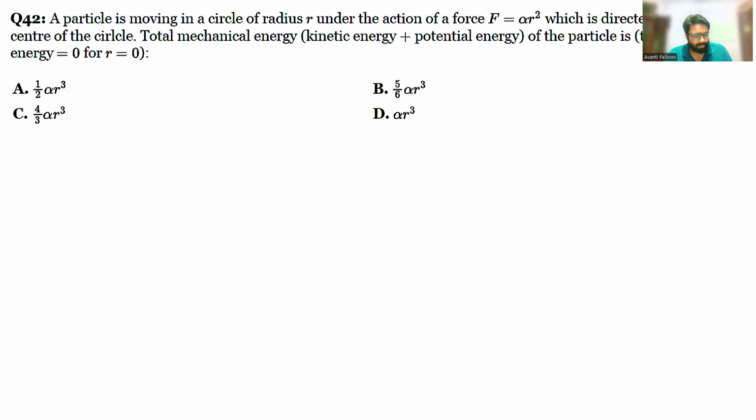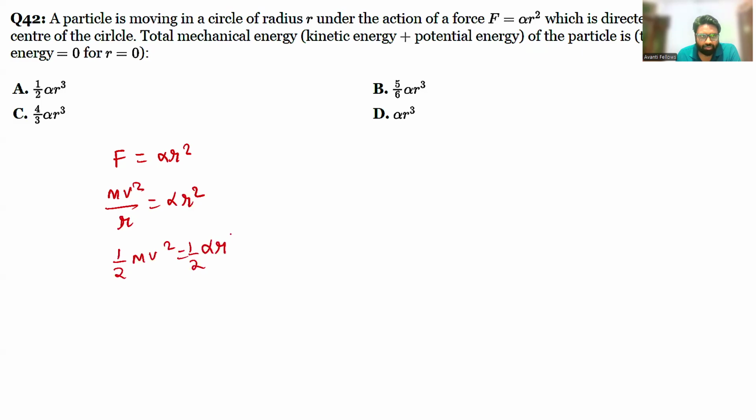Now this one: a particle is moving in a circle of radius r under the action of a force F equals alpha r squared, which is directed towards the center of the circle. Total mechanical energy, kinetic plus potential, of the particle is? So the same question that we have solved just a few questions before. F equals alpha r squared equals mv squared upon r, so mv squared equals alpha r cubed. 1 by 2 mv squared will become 1 by 2 alpha r cubed.